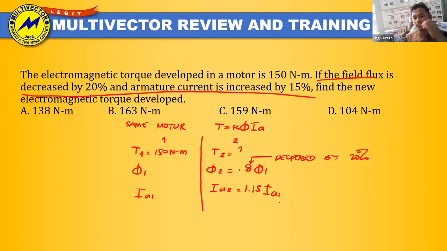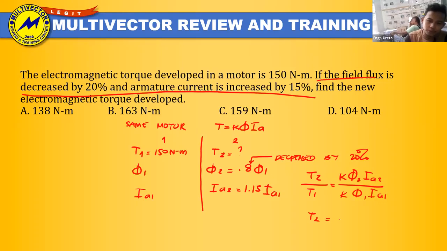So given this, ratio and proportion lang natin. T2 all over T1 is just equal to K flux 2 IA2 all over K flux 1 IA1. Torque 2 yung unknown.